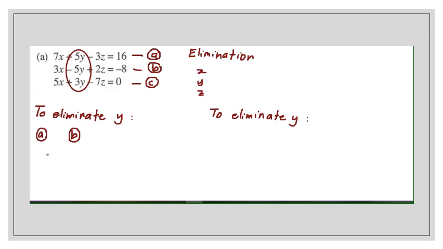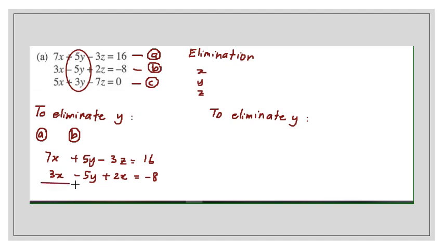So we write again the equation, 3x minus 5y plus 2z equal to negative 8.